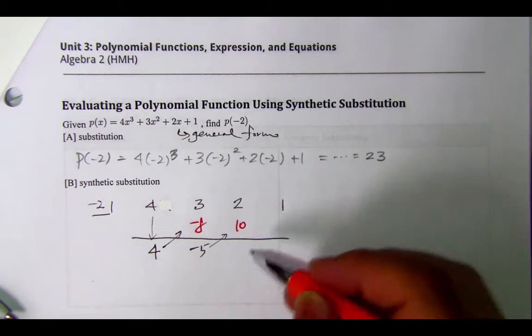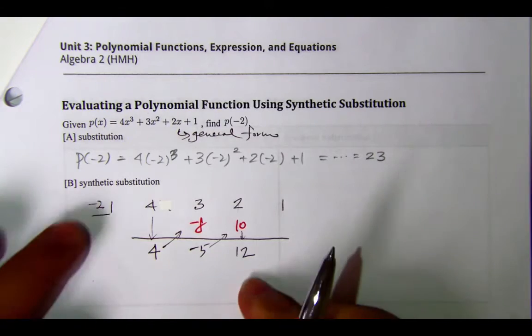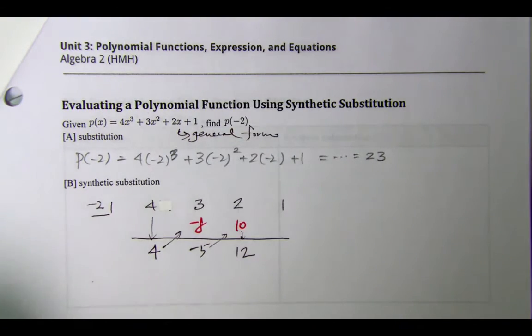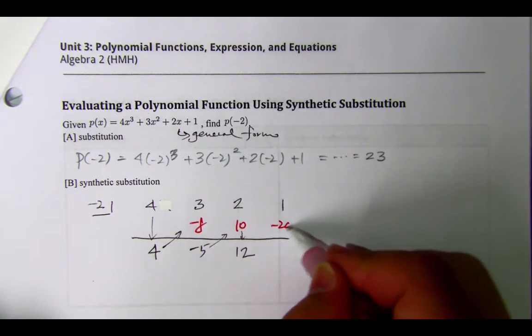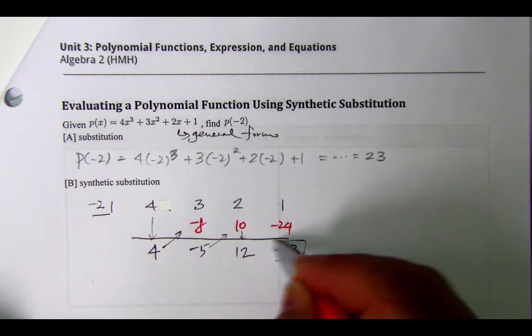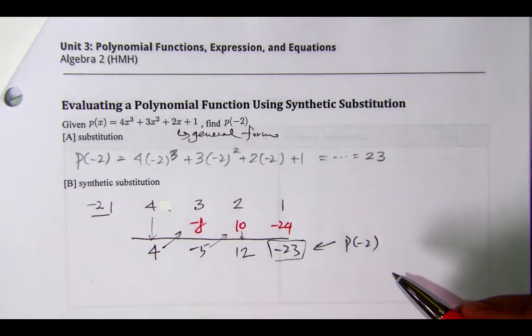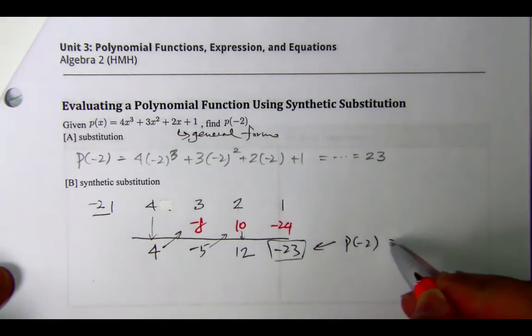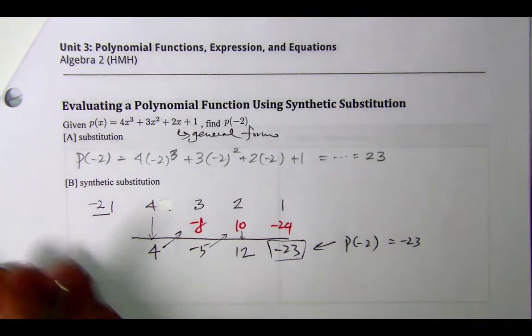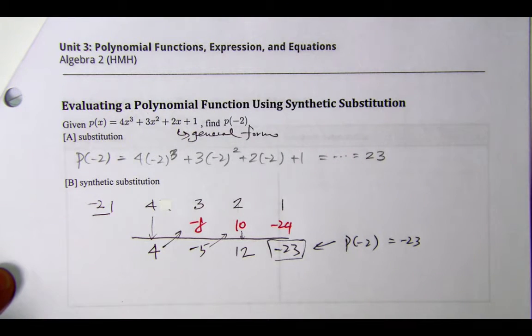And you come down by adding these two values, which is 12. You multiply these two again, which gives you -24. And then you get -23. So this right here is equal to p of -2, which is equal to -23. So the process of doing that is called synthetic substitution.